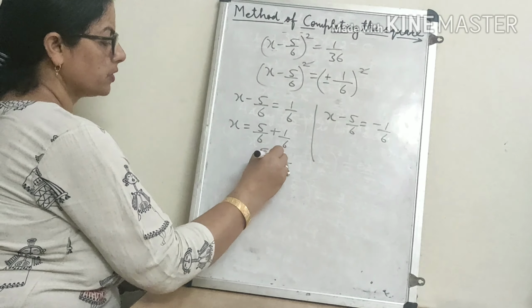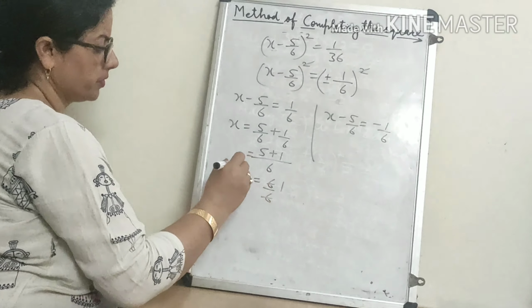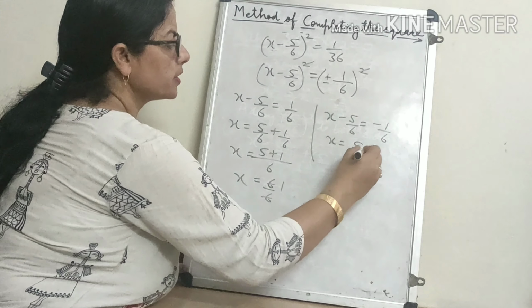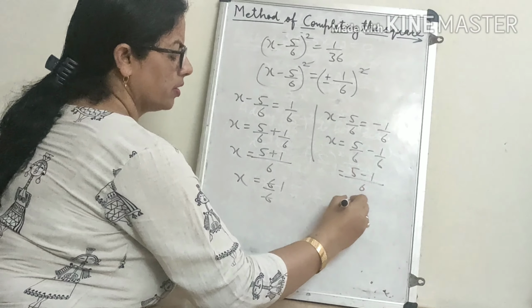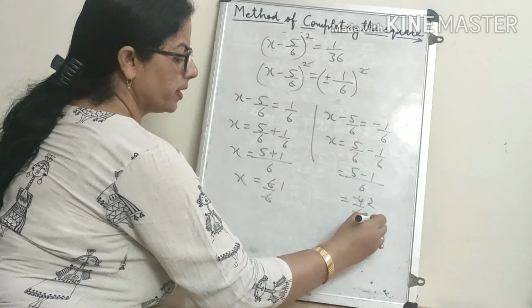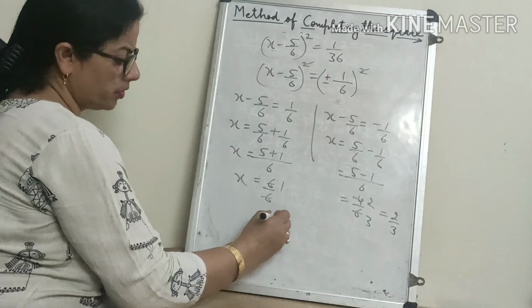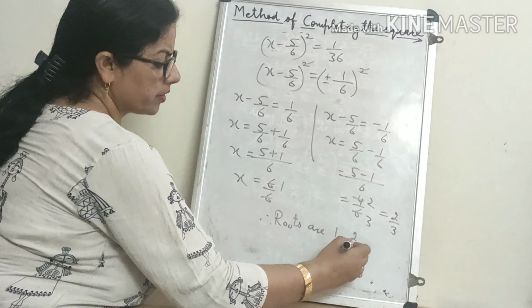LCM 6, 5 plus 1, that is 6 by 6, that is 1. Now here minus 5 by 6 will become plus 5 by 6. 4 by 6 will come. 4 by 6 means 2 by 3. Therefore roots are 1 and 2 by 3.